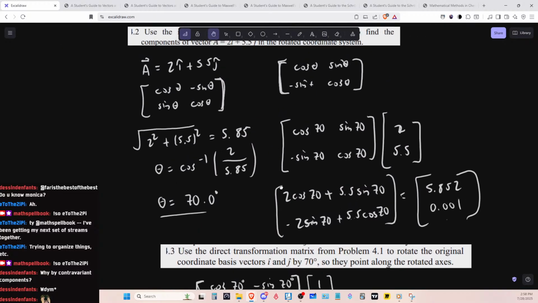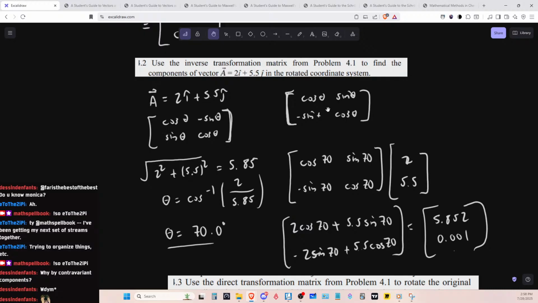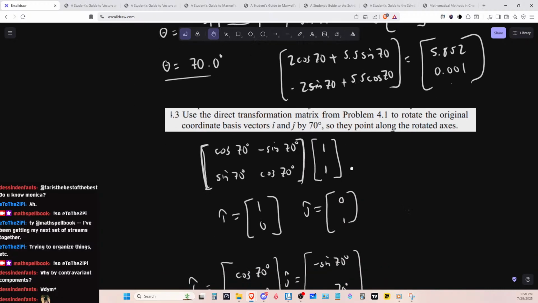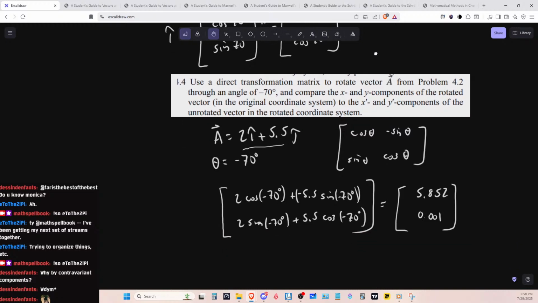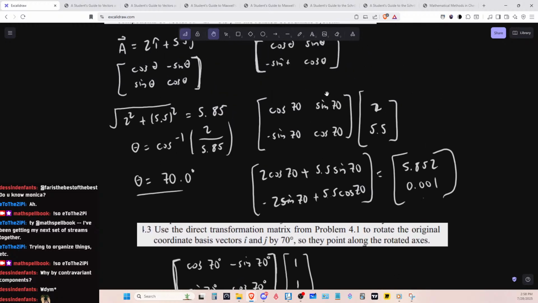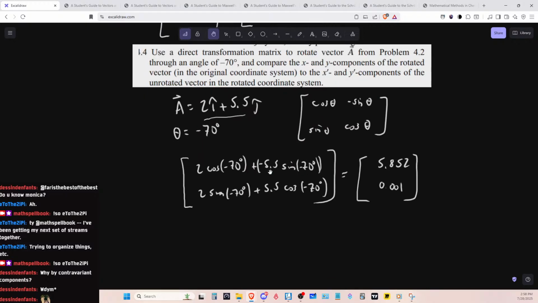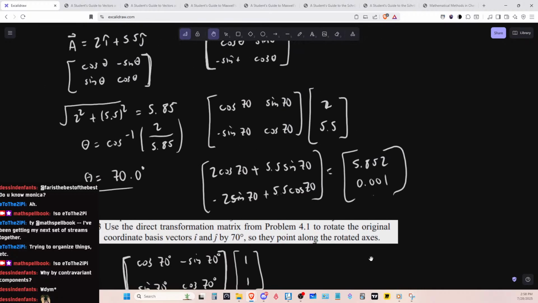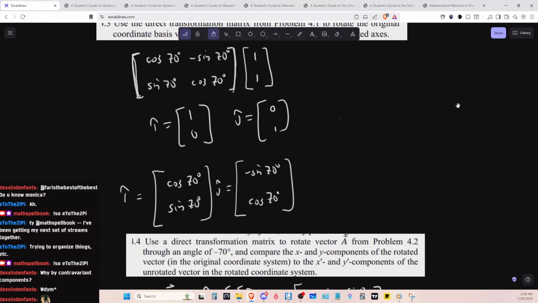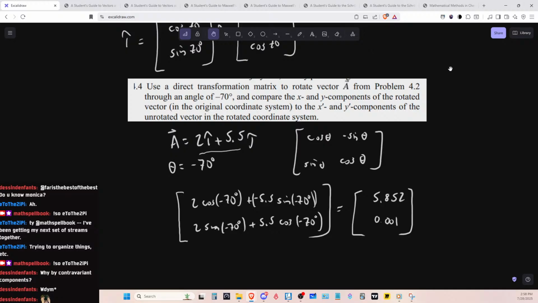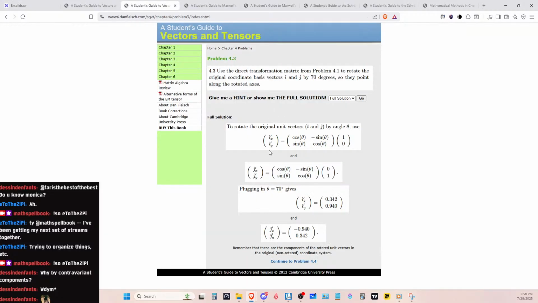No, not this one. This one. Because I think when we did it for this one, it's about the same. Yeah, they're about the same, because this is minus 70, and this one's just 70.